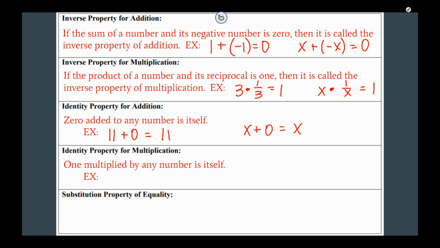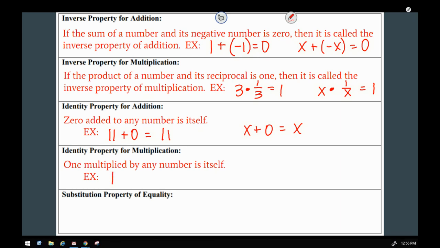Ivan, what's your favorite number? 18. So 18 multiplied by 1 is still gonna give you 18. X multiplied by 1 is still gonna give you x.